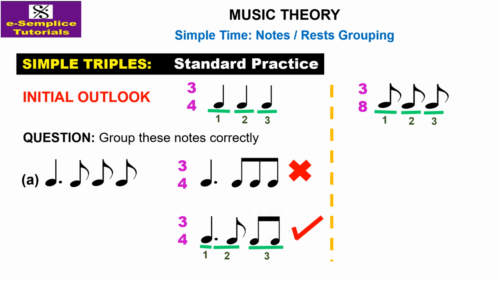Let's group these same notes for 3/8 time. This is correct. Supposed to have 3 quavers in each bar.